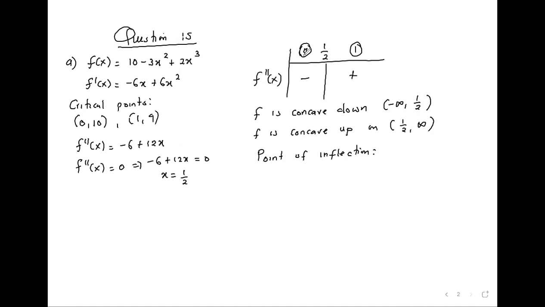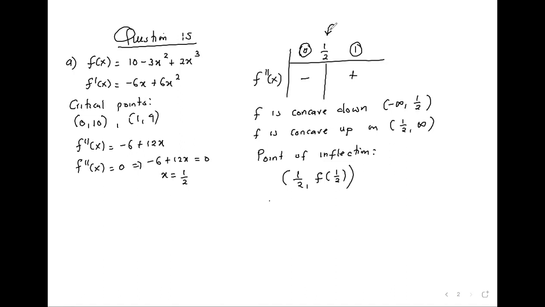If it was concave down, then it becomes concave up. At that value of x, the function has an inflection point. So we have an inflection point at half, f of half. At half, it's changing from concave down to concave up, so this is an inflection point.